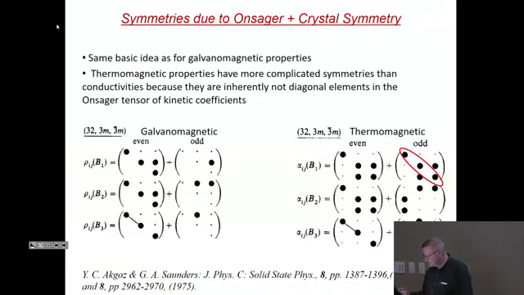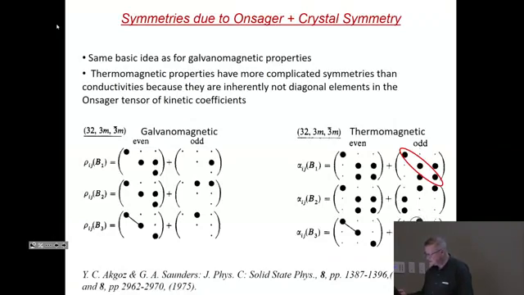Here is the symmetry. If you have B3, so in a trigonal crystal, you put the magnetic field along the trigonal axis, then the Seebeck alpha 1,1 and alpha 2,2 are going to be identical. Alpha 3,3 not, of course, and the same in magnetic field. But the Nernst, which would be alpha 1,2 of B3, is going to be antisymmetric.